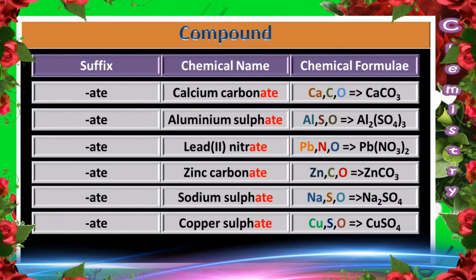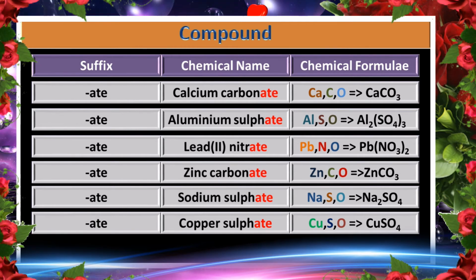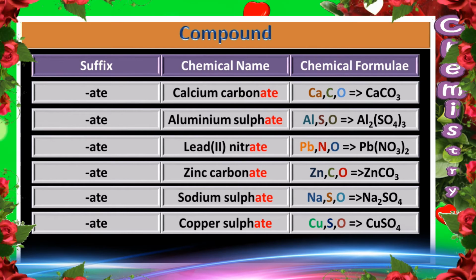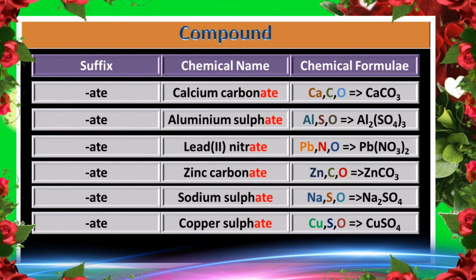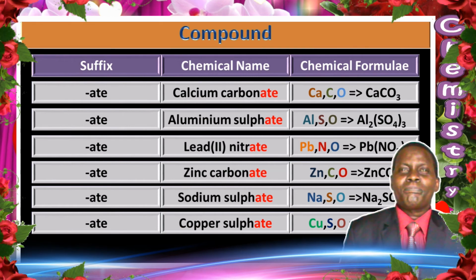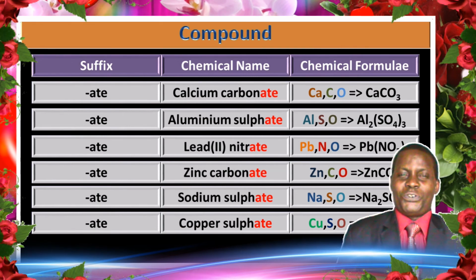Those are the three elements which are chemically combined together to form the compound aluminium sulfate, ending with the letters ATE, meaning that there are three elements which are chemically combined to form that compound, and one of those elements is oxygen. That is all we can talk about the compounds for now.